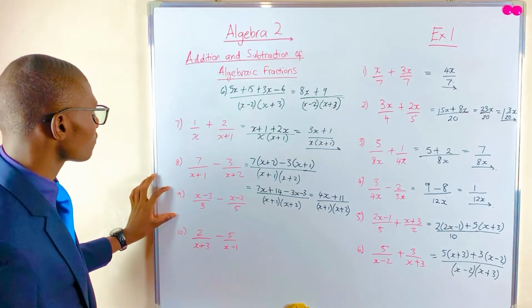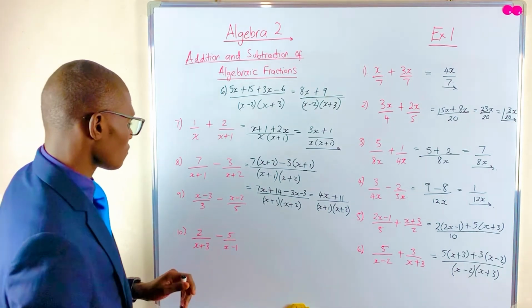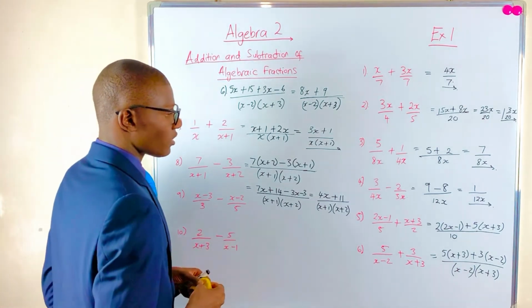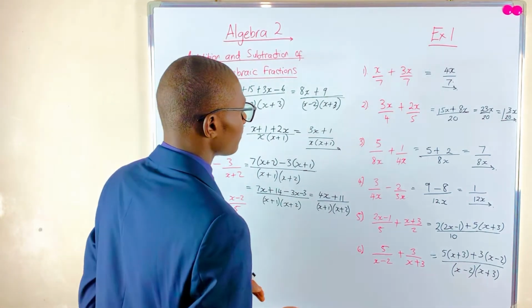Now I'd like to move on to look at number 9. So allow me to erase the spot. I would like to look at number 9.